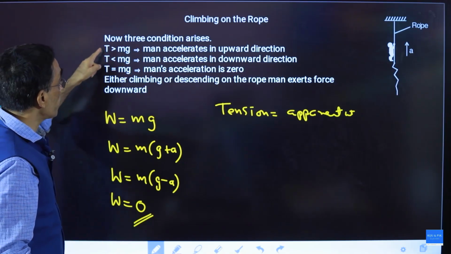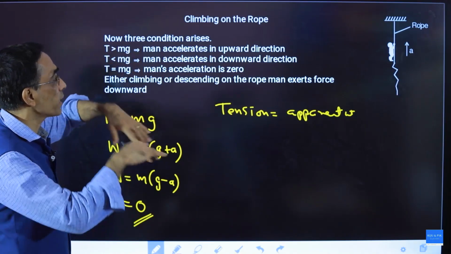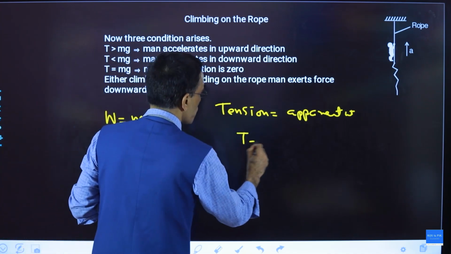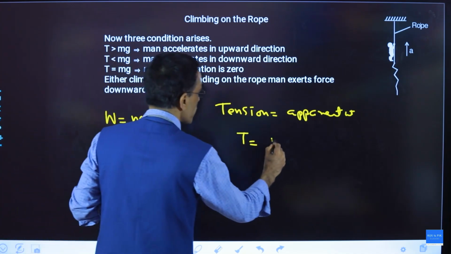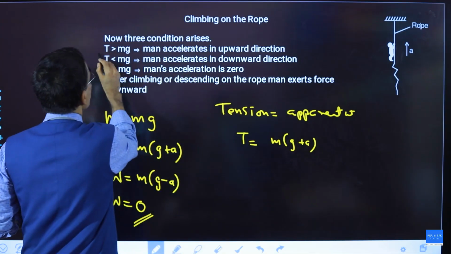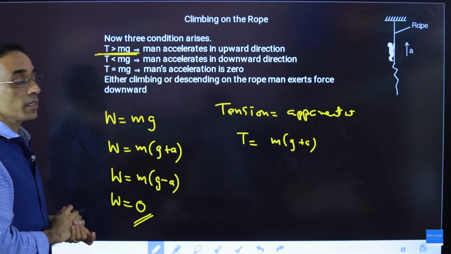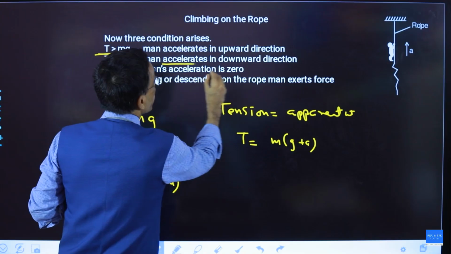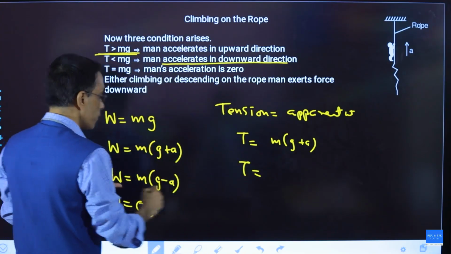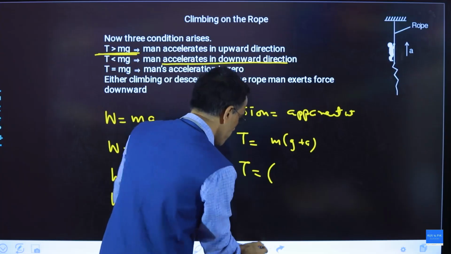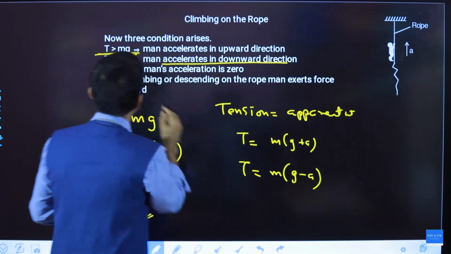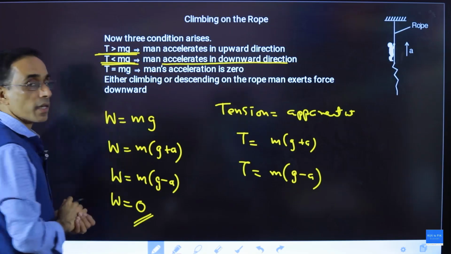Tension will be greater than mg if the man is accelerating upward. If the man is accelerating upward, then the tension T equal to apparent weight is m into g plus a, and this is greater than mg. If the man is accelerating downward, tension equals m into g minus a, which will be less than mg, second case.